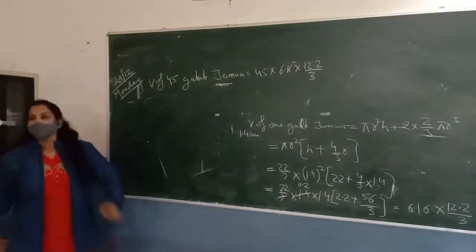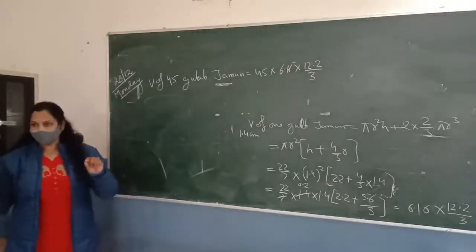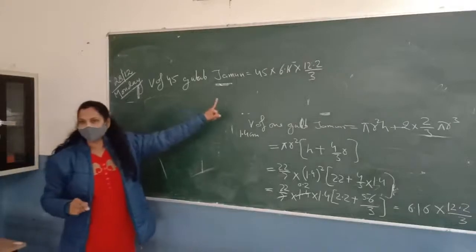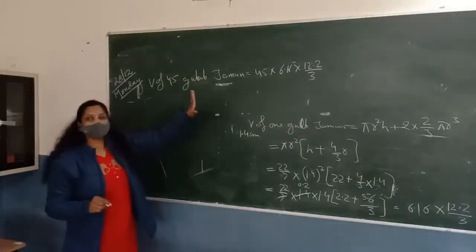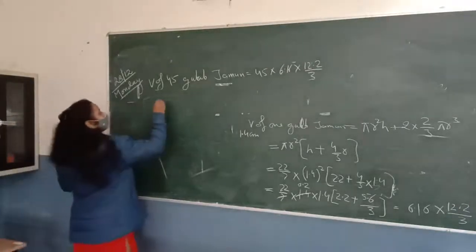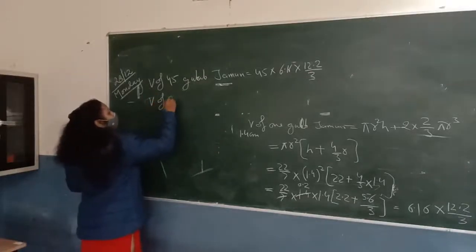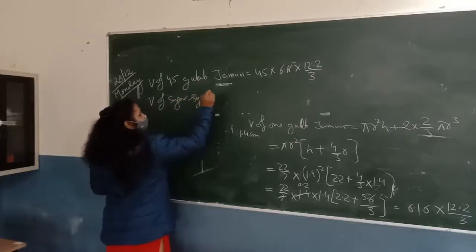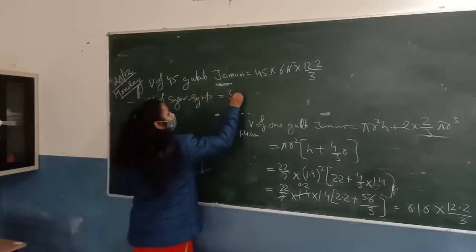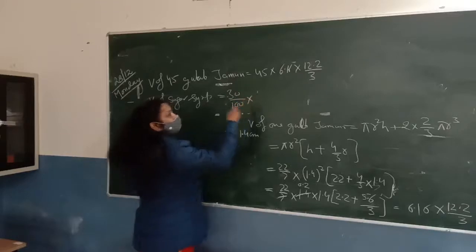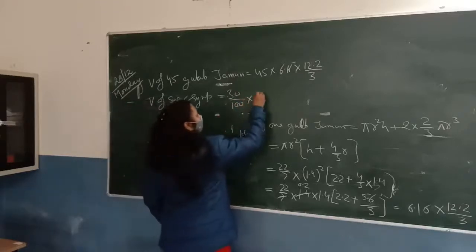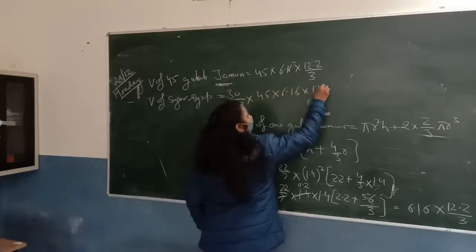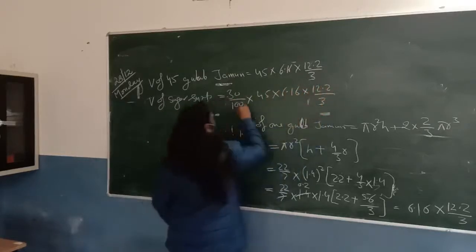Now we know that the whole volume of the syrup is 30% of the volume of 45 gulab jamun. If you want to find the volume of the sugar syrup, it will be 30% of the volume of 45 gulab jamun, that is 45 into 6.16 into 12.2 upon 3.